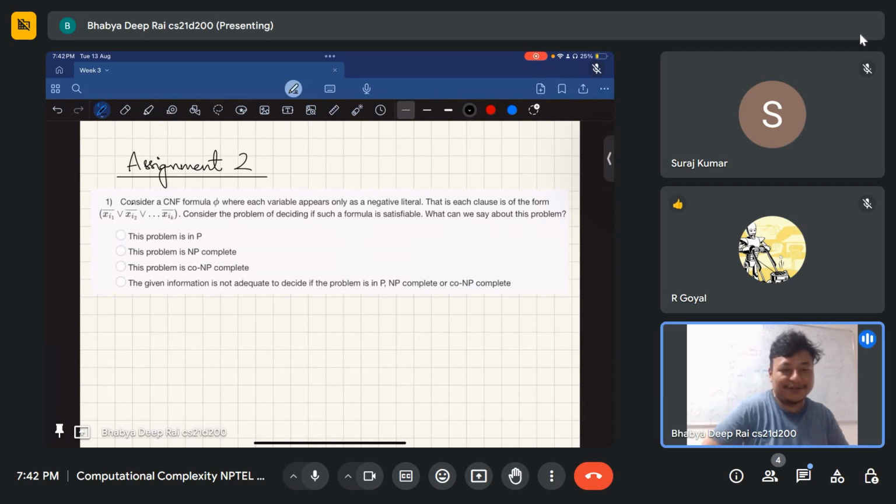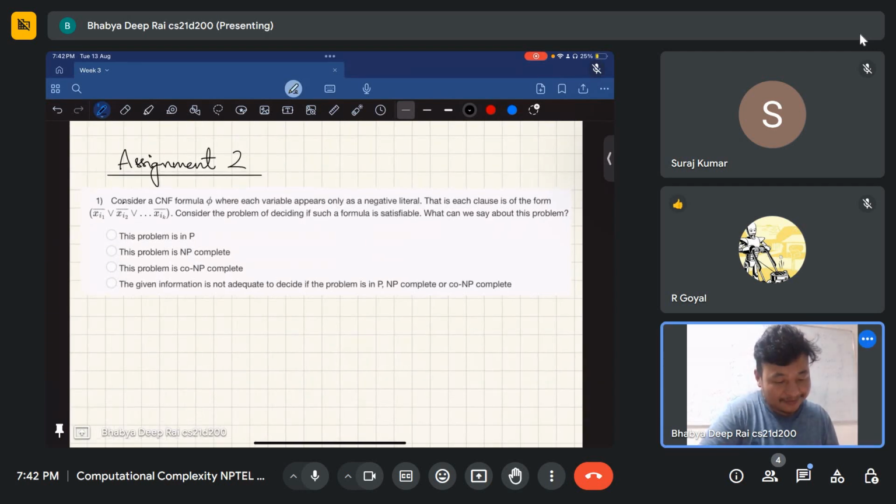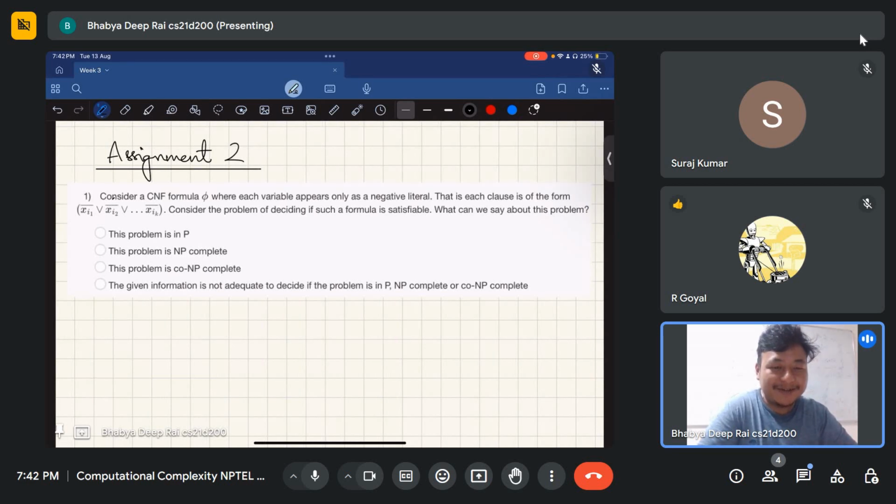So now, the tactic that you were using, Goel. With that tactic and the information we just got about DNF SAT, what should be the answer for this question? Yes.